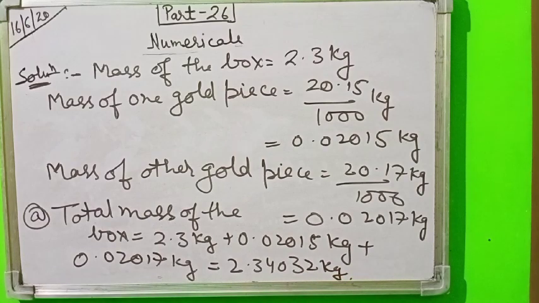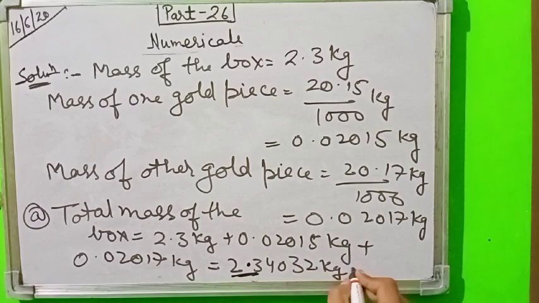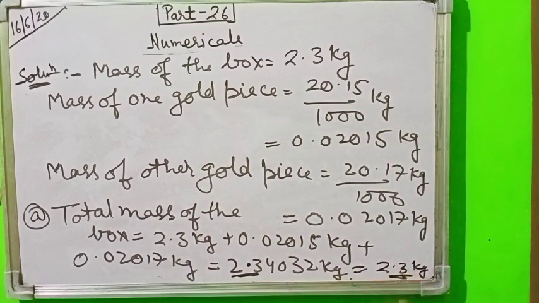Now we have to give the calculation only up to 1 decimal place, as the least precise value. So it will be 2.3 kg. Means in the final result the masses of gold pieces are ignored, and the approximate value of the mass of the box is only 2.3 kg.